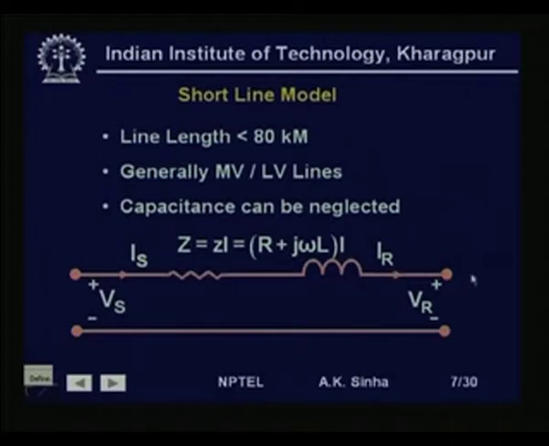So, when the load current is 0, that is the system is at no load, then this drop is also equal to 0. So, Vr is equal to Vs.